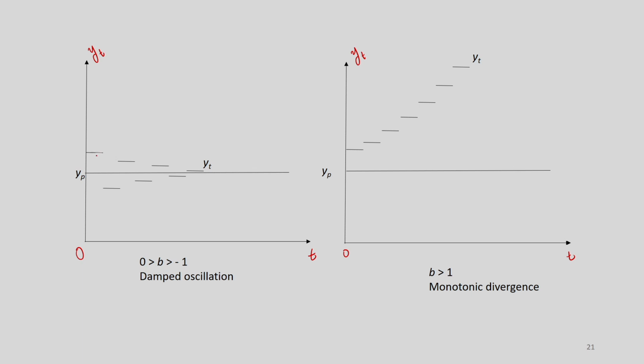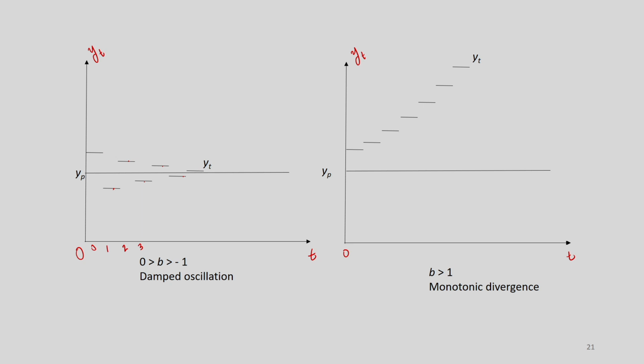You can see this is t equal to 0, t equal to 1, 2, 3, and you can see the values of y t. It is here to begin with, then it is jumping down, then it is going up above y p, and again it is coming down below y p, again going above y p, below y p.